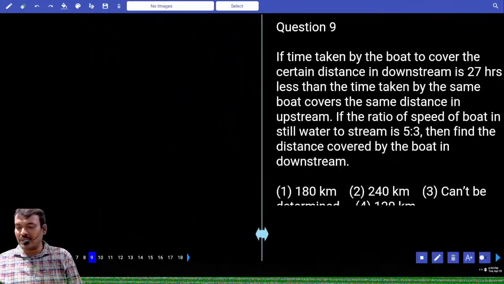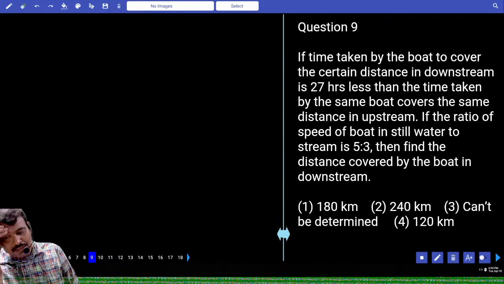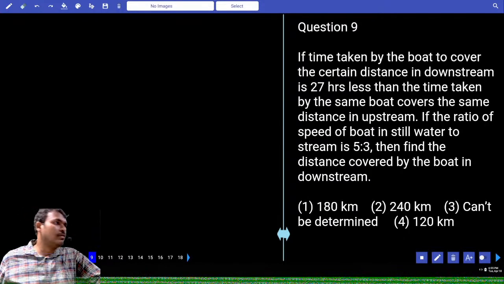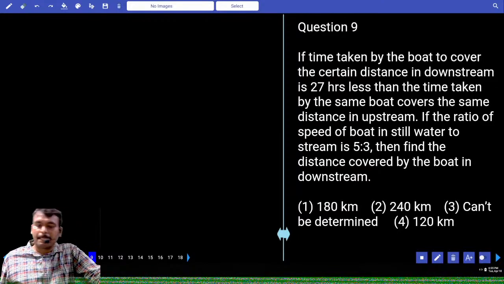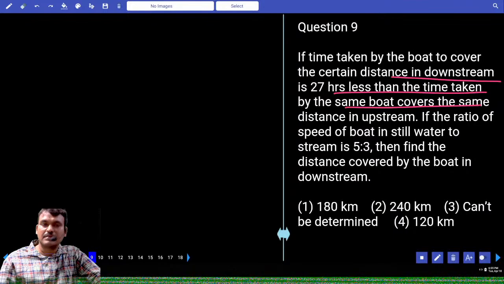If the time taken by the boat to cover a certain distance downstream is 27 hours less than the time taken by the same boat to cover the same distance upstream, and the ratio of the speed of the boat in still water to the stream is 5:3, then find the distance covered by the boat downstream. Here, downstream time compared to upstream time is how many hours lesser? 27 hours lesser.